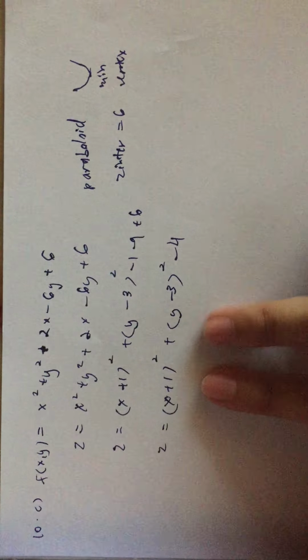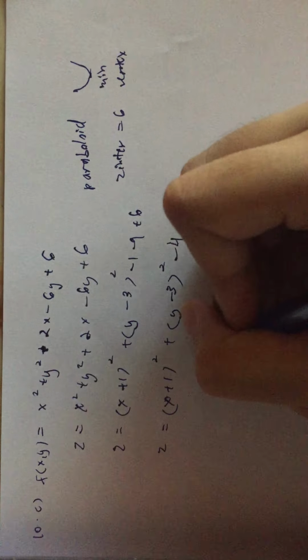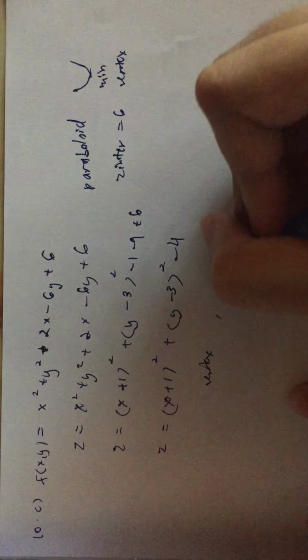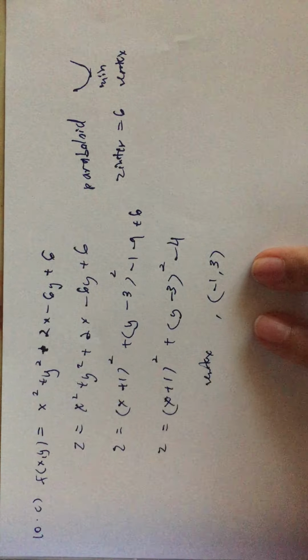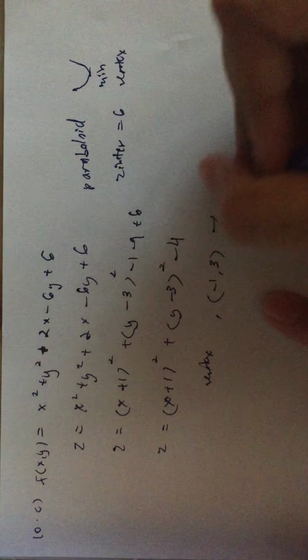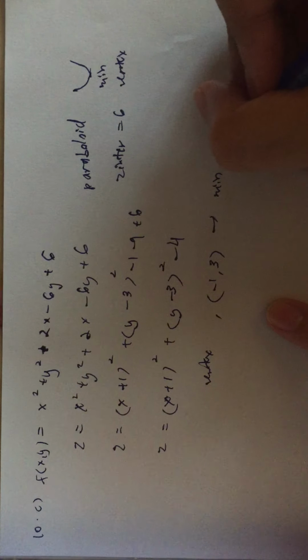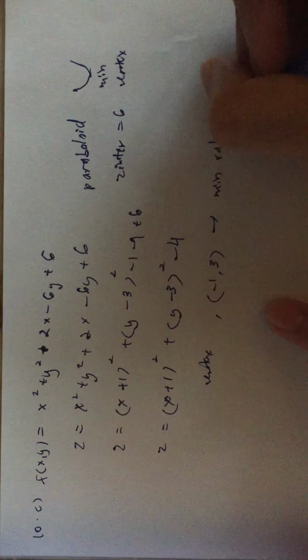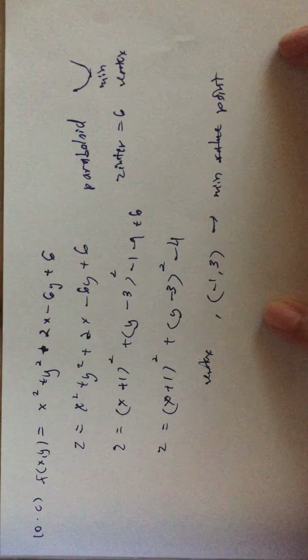So, daripada this equation, kita dapat lihat dia punya vertex is actually dekat titik minus 1, 3. So, which means that this minus 1, 3 will be minimum point ataupun minimum relative.